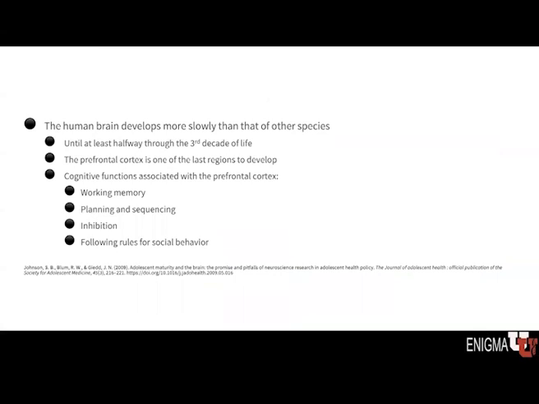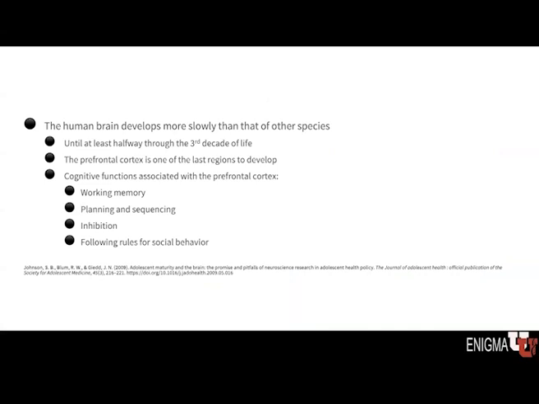We do know that the human brain develops more slowly than that of other species, and it continues to develop through at least halfway through the third decade of life, so until the late 20s. And there's evidence that it may continue to develop even beyond that.